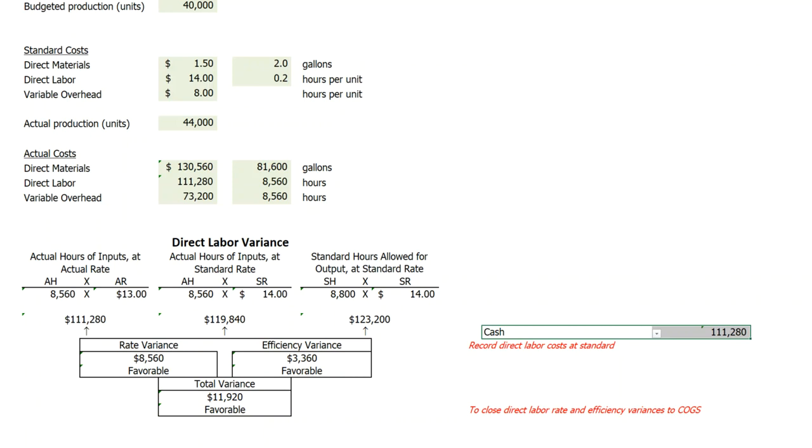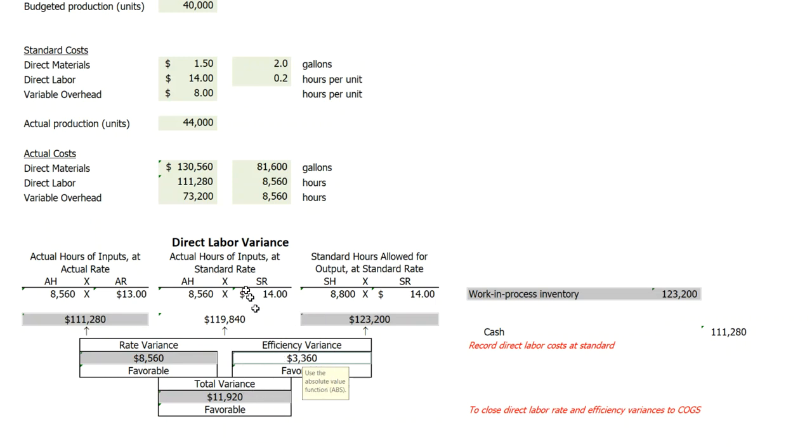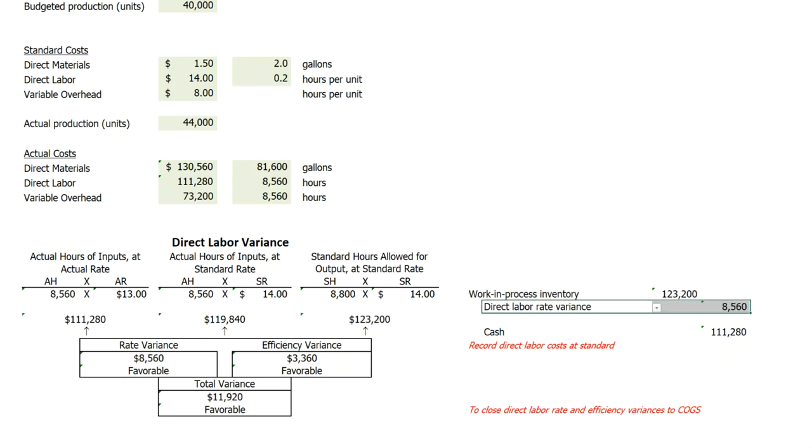So we would debit work in process for $123,200, which means, of course, we need to pick up the variance. And our variance was comprised of two parts, a rate variance and an efficiency variance. So we will credit the rate variance for $8,560 and credit the efficiency variance as well.